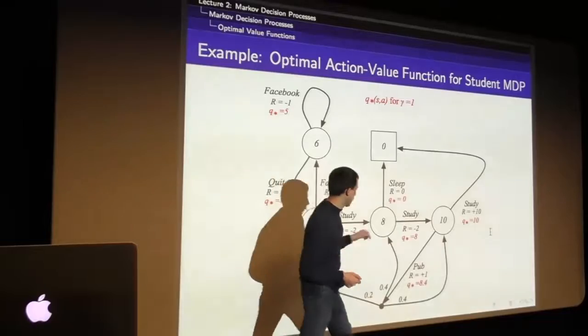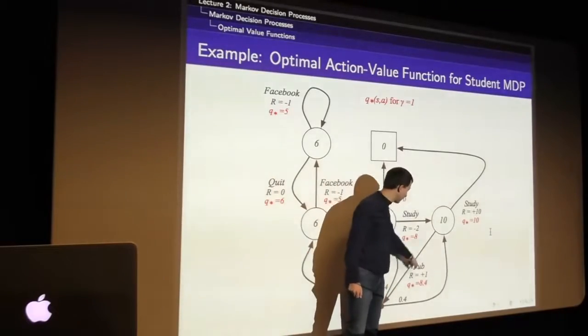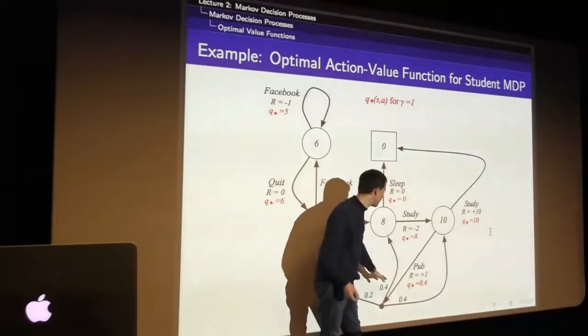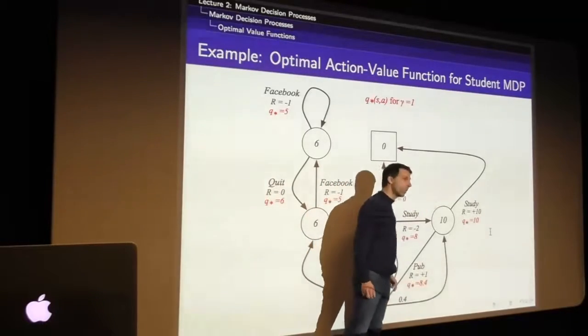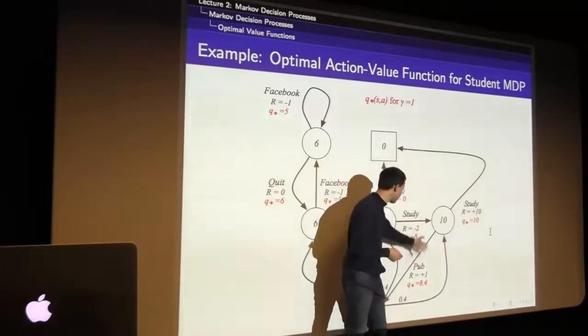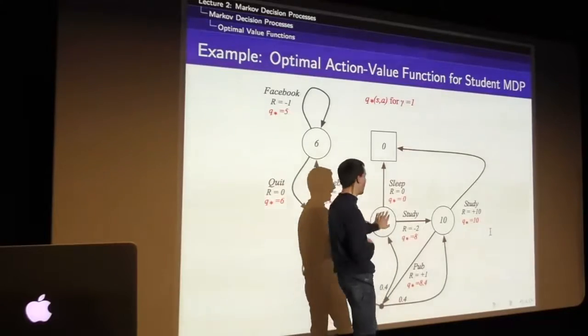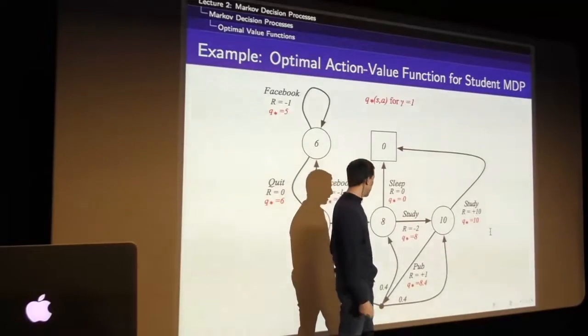Similarly, over here we didn't talk about the arc that goes down to the pub, and the value of this arc, and we'll see how to compute this in a minute, is actually 8.4. This arc is basically averaging over all the things which might happen next, and looking at the value of 6, 8, and 10, and weighing them.